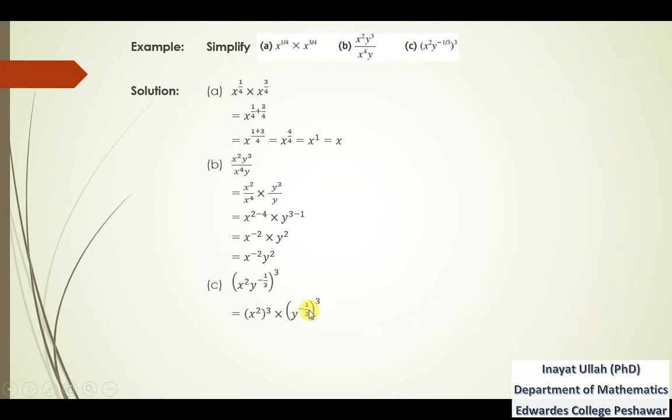So that is x power 2 multiplied by 3 and y power minus 1 by 3 multiplied by 3. In x power 2 by 3, 2 threes are 6, so that is x power 6, and the 3s cancel, and we are left with y power minus 1. So x power 6, omitting this multiplication sign, y power minus 1 is the answer of this whole cube. So that is part C.